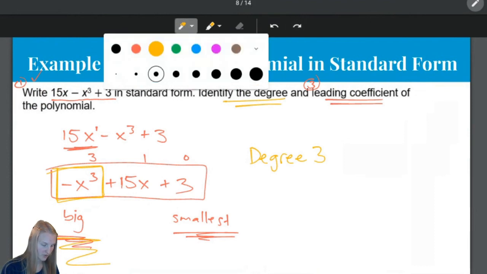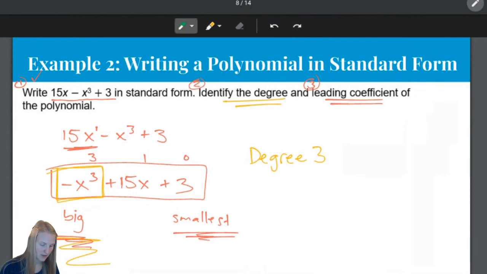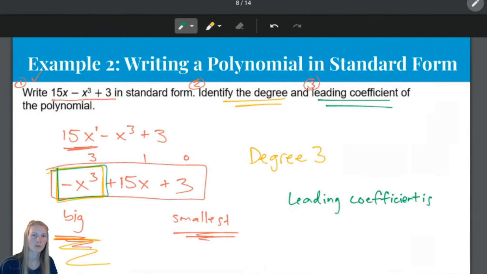Okay, let's get a different color in here, and now we're going to find the leading coefficient of the polynomial. So the leading coefficient is, remember, our first term is where we get the leading coefficient from, the coefficient of the first term. So let's see, negative x cubed is our first term.